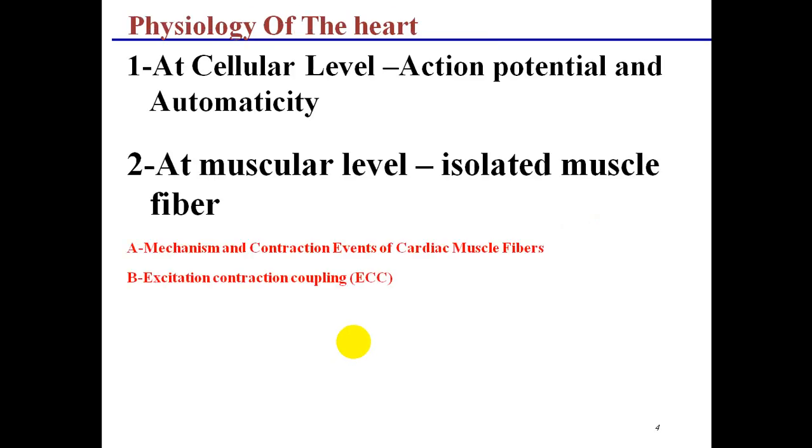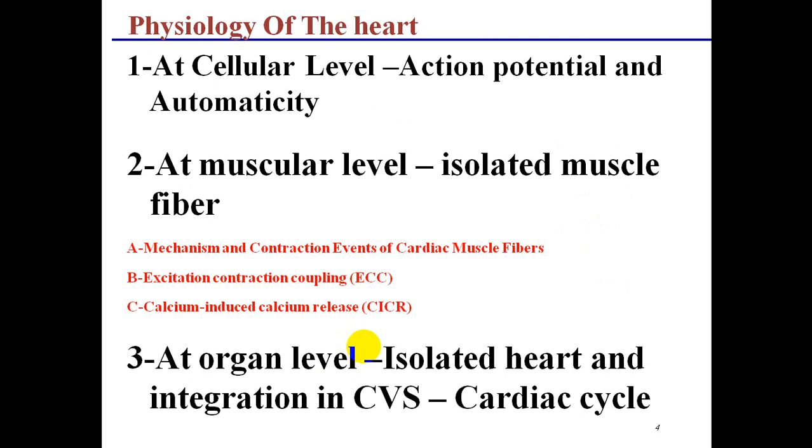We will discuss the physiology of the heart under 3 levels, or 3 sessions. At the cellular level, we will discuss action potential and automaticity. At the isolated muscle fiber level, we will discuss the mechanism of the contraction of the cardiac muscles, excitation-contraction coupling, and calcium-induced calcium release.